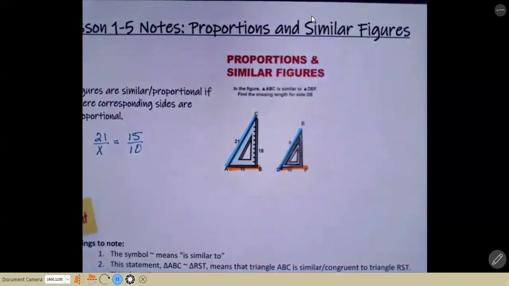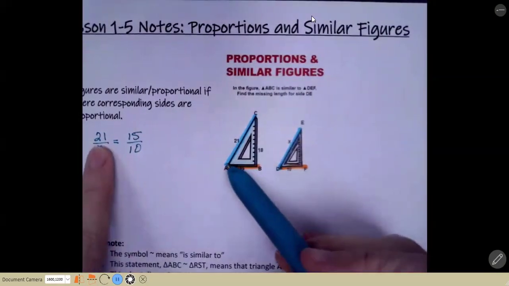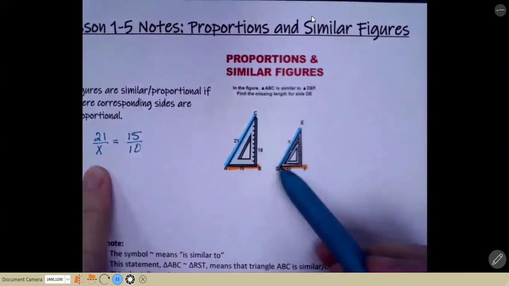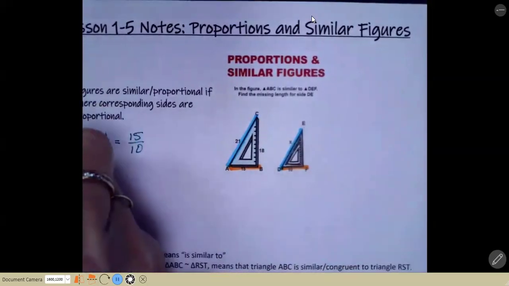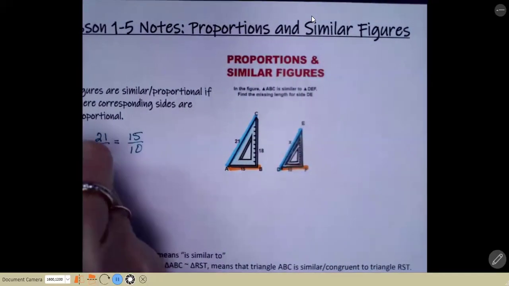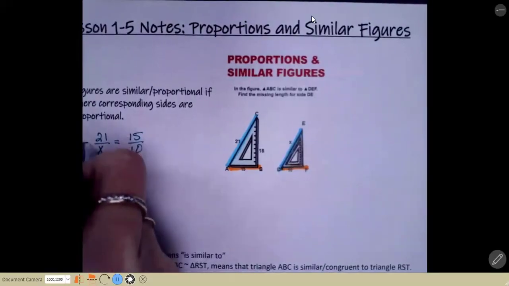Now, I want you to understand that when we're doing similar figures or scale factoring, it's important the way that you set it up. Notice I have the big triangle over the small triangle. So big over small. Okay?